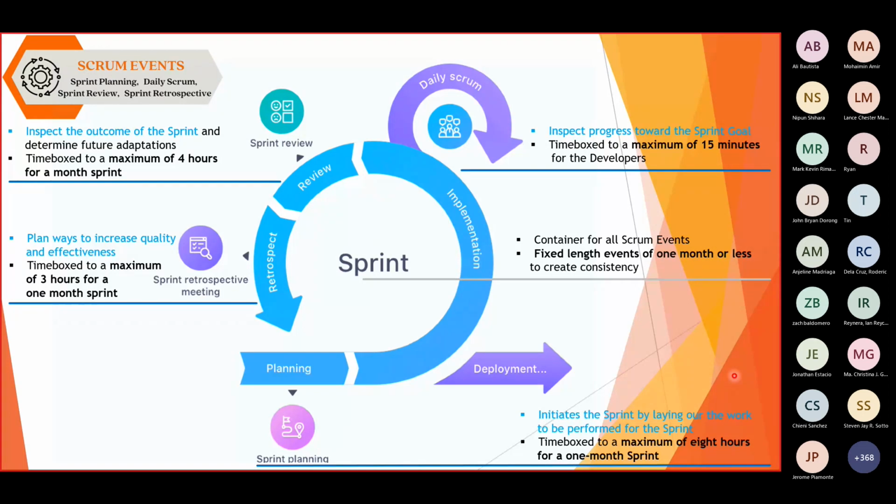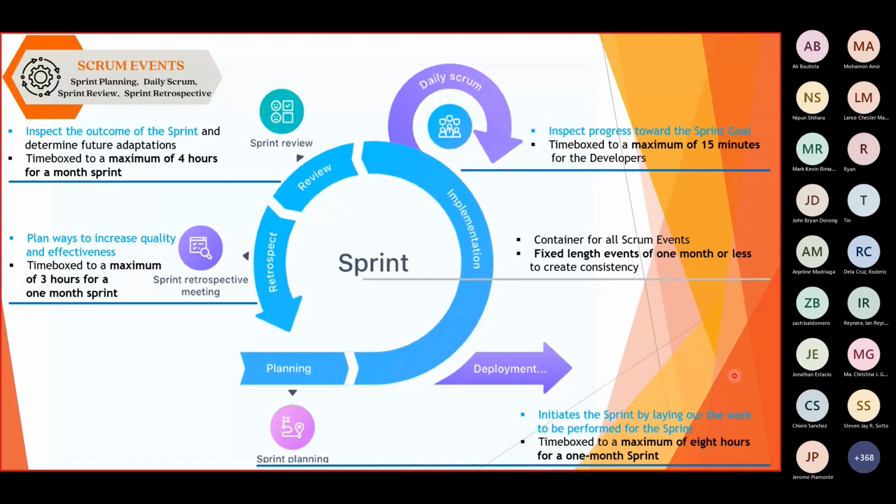So for the sprint retrospective, usually it is time boxed to a maximum of 3 hours for a 1 month sprint, but again, it will be less for a smaller sprint. The usual pattern is finding out what we did well, what we can improve, and coming up with actionable items so that you can apply them to the succeeding sprints.